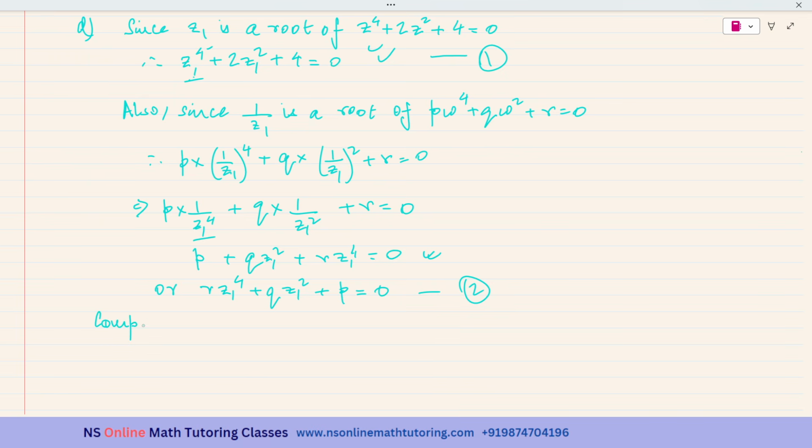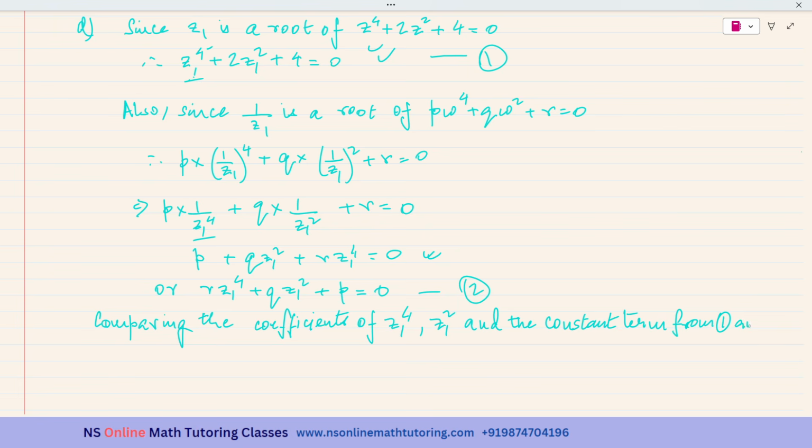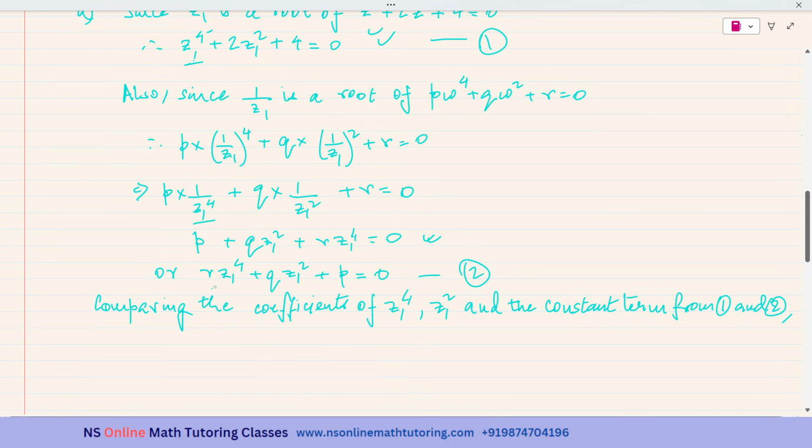Comparing the coefficients of z1 to the power of 4, z1 square and the constant term from 1 and 2, we get, see, r times z1 to the power of 4, and this is 1 times z1 to the power of 4.